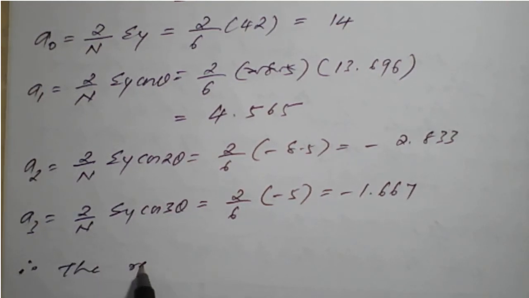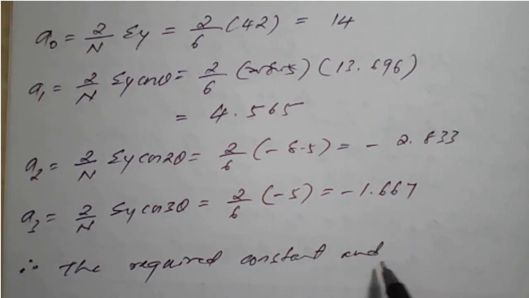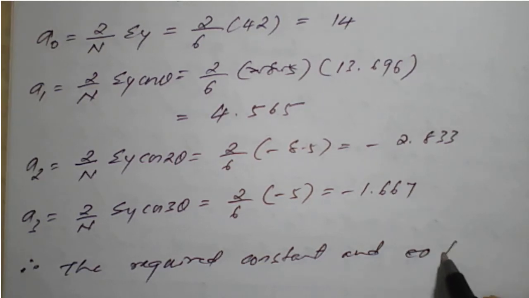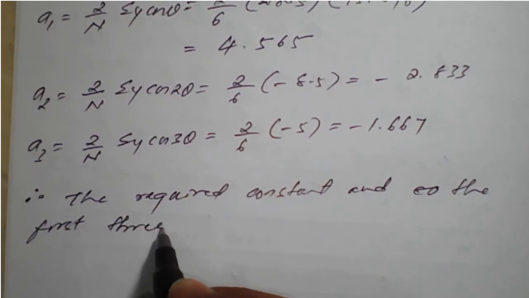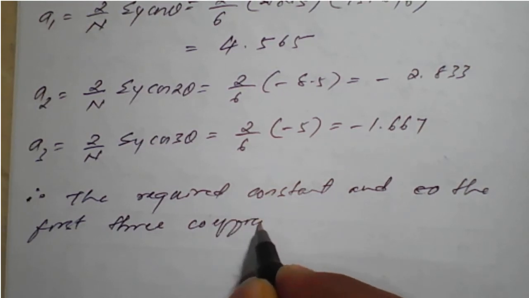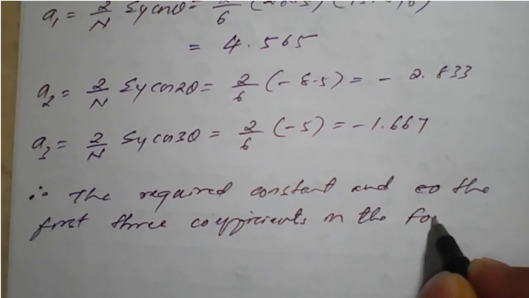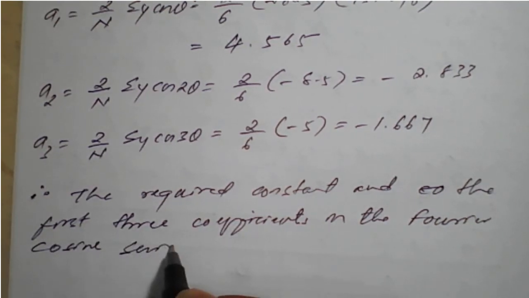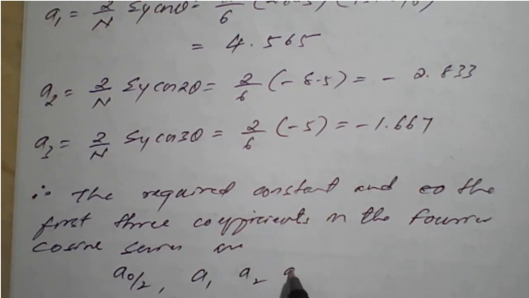the required constant and the first three coefficients in the Fourier cosine series are a0 upon 2, comma, a1, comma, a2, a3.